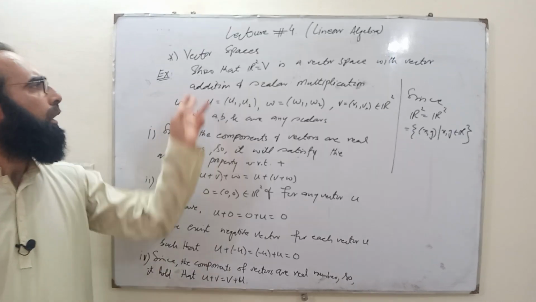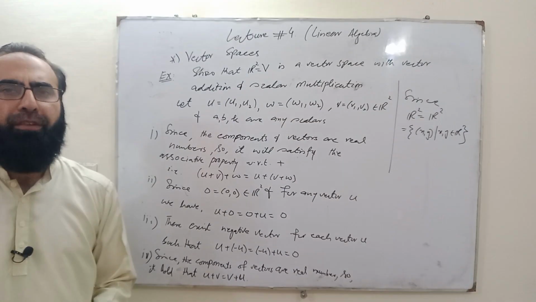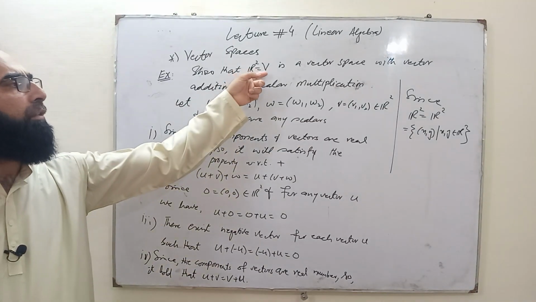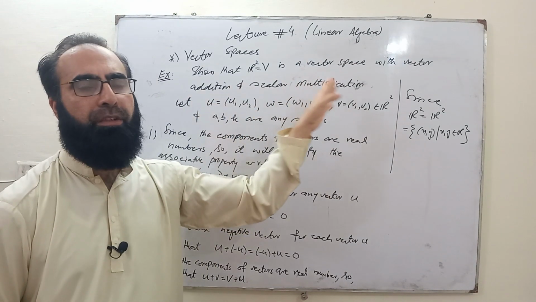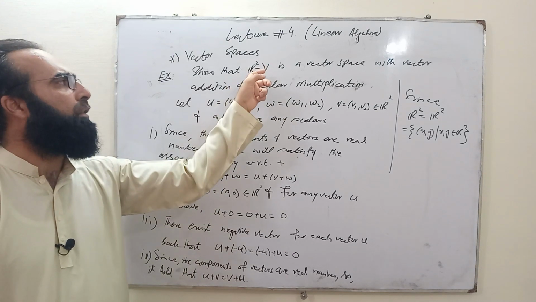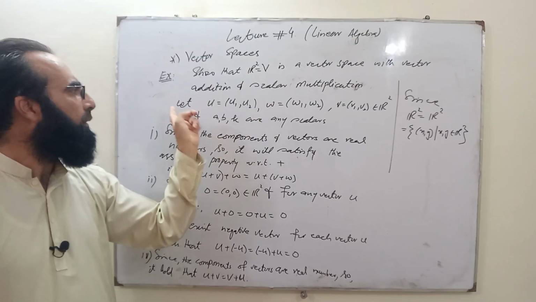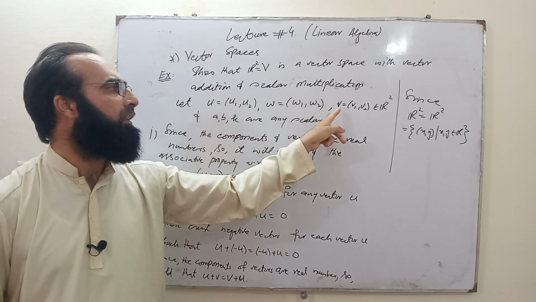Example: show that V equal to R square is a vector space, and this R square is closed with respect to vector addition and scalar multiplication. To show that R square is a vector space, first of all we have to take any three vectors u, v and w.